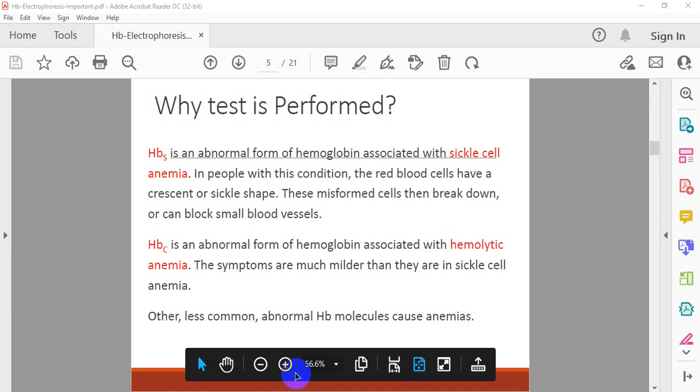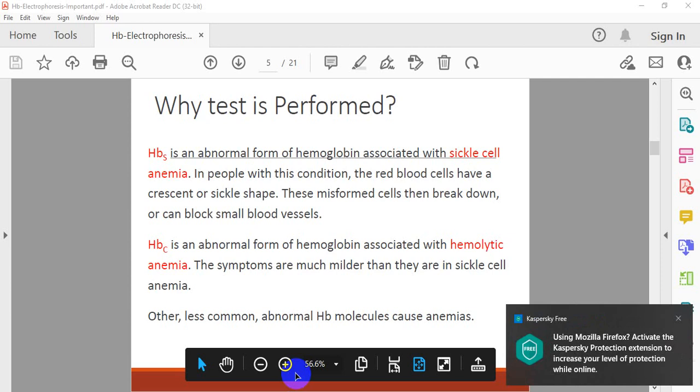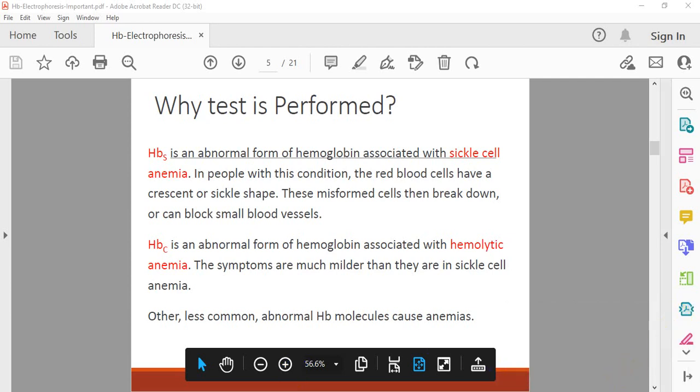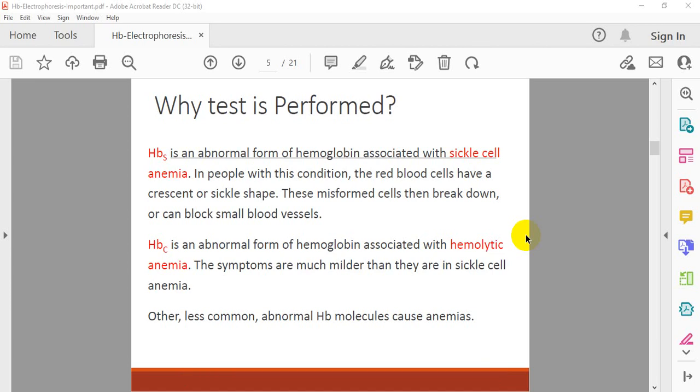Hemoglobin S is an abnormal form of hemoglobin associated with sickle cell anemia, and in people with this condition, the red blood cells have a sickle or crescent shape.